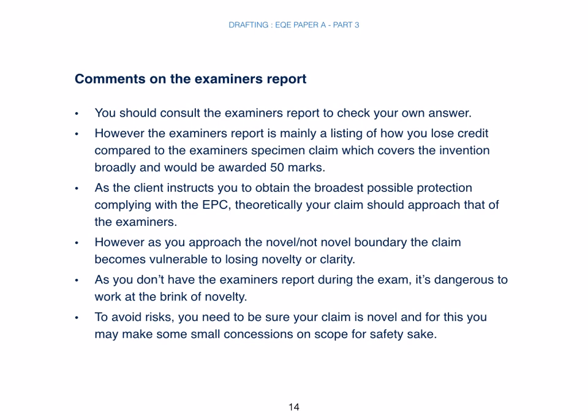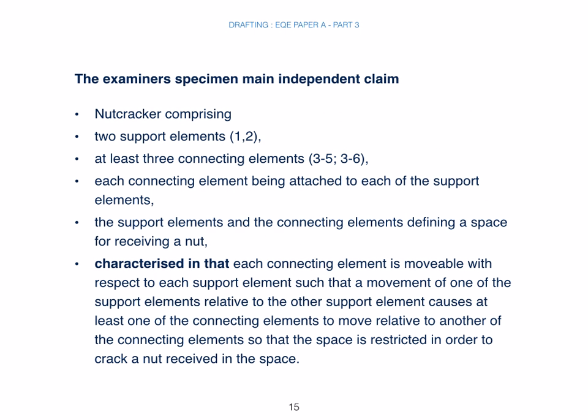Let's now turn to the examiner's specimen claim, and then we'll turn to some specific points of marking. Here is the examiner's claim. Nutcracker, comprising two support elements 1, 2, at least three connecting elements 3, 5, 3, 6, each connecting element being attached to each of the support elements.